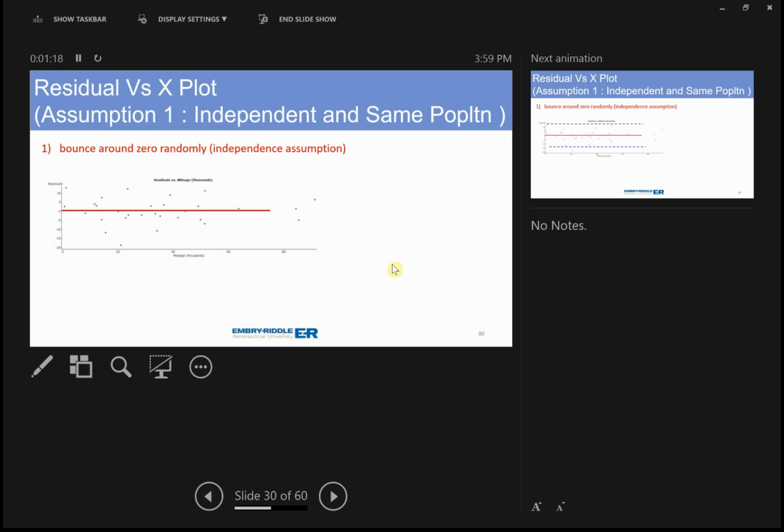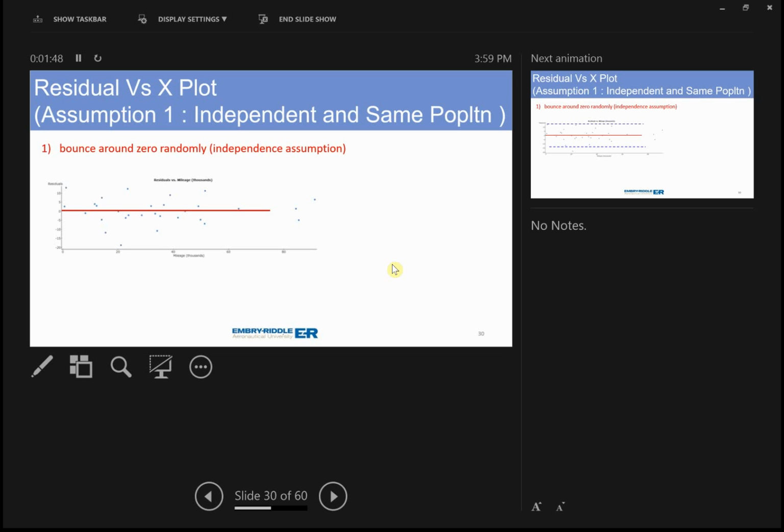In other words, if I saw a residual plot that looked like this, it's very clear that there's still a trend left over. What does that mean? That means that a linear model is not good enough. I needed a more complicated model, right? After I subtracted off the linear part, there's still a trend left, okay? So we don't want that.